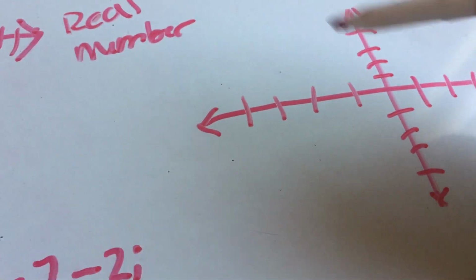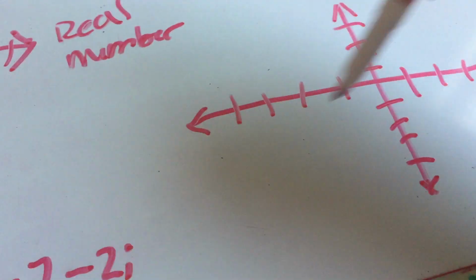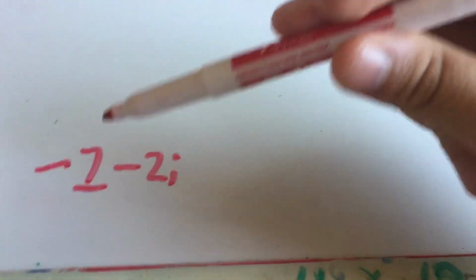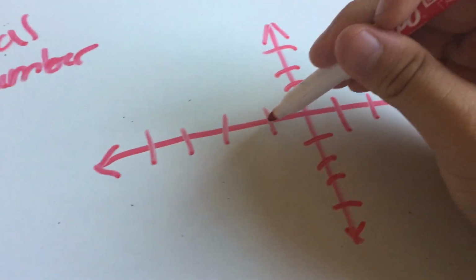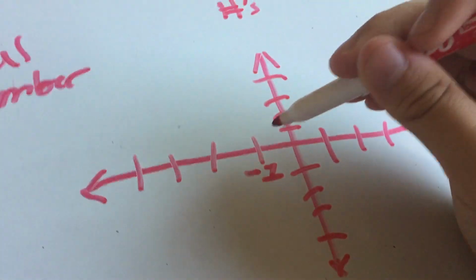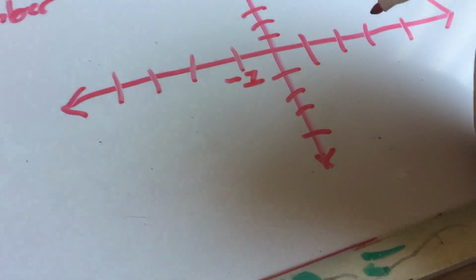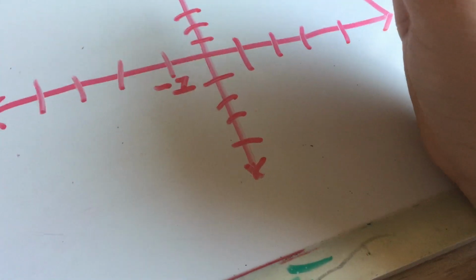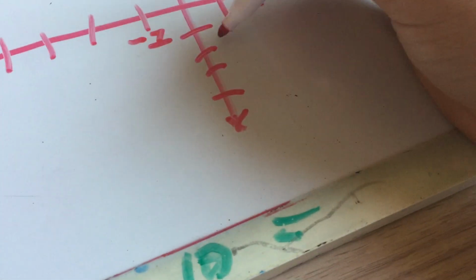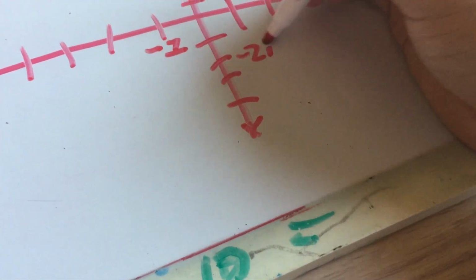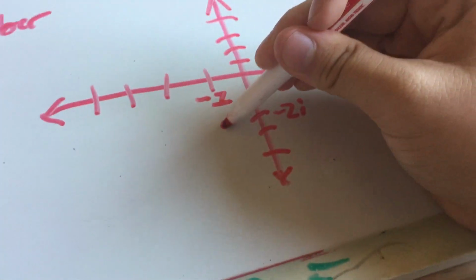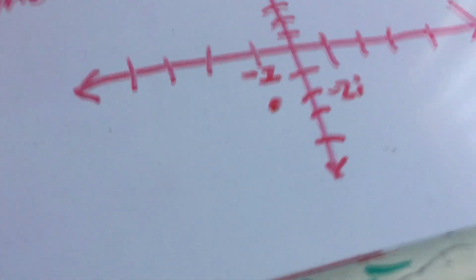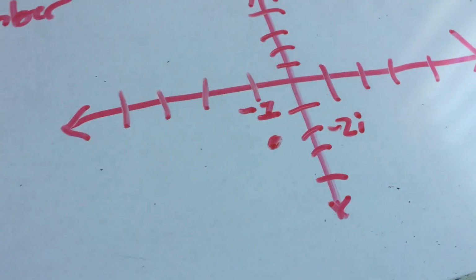We know that the x-axis is for the real numbers, so -1 right there. Let me label that. That's -1. -2i. We know the y-axis is for the imaginary numbers, and it's negative, so it's down here. So we plot that. That's where the dot goes. And that's how you plot -1 minus 2i.